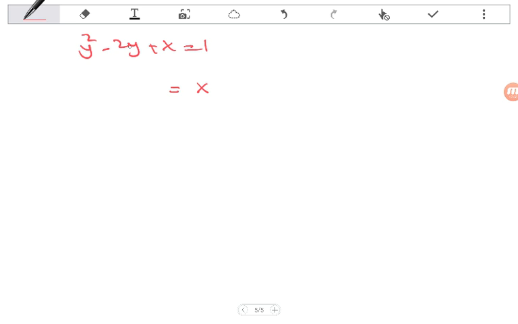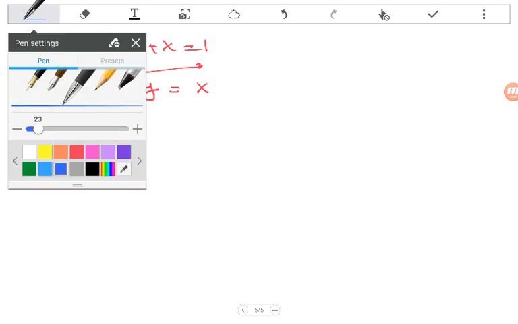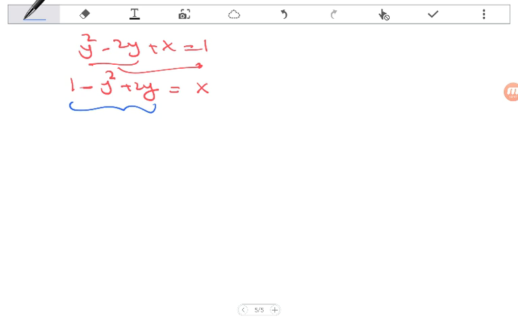So I would take these to the other side, it will be 1 minus y squared plus 2y. And I just check when this side would be 0. So when I check this, it will be 1 plus 2y minus y squared. When would it be 0? I solve this equation.